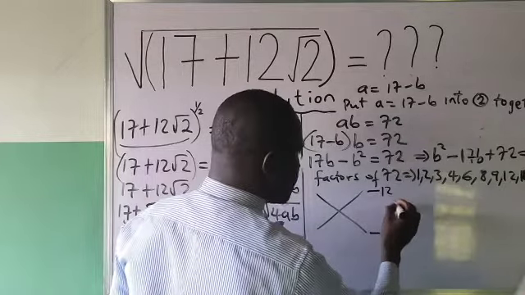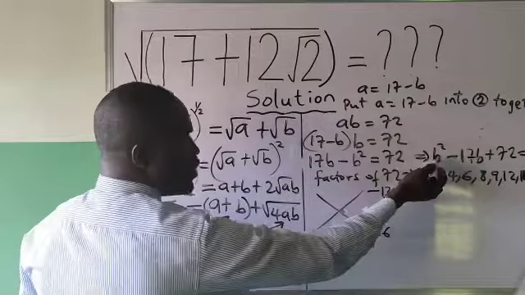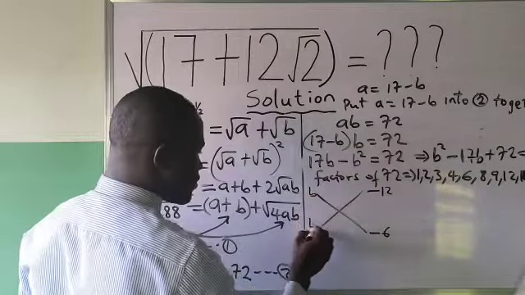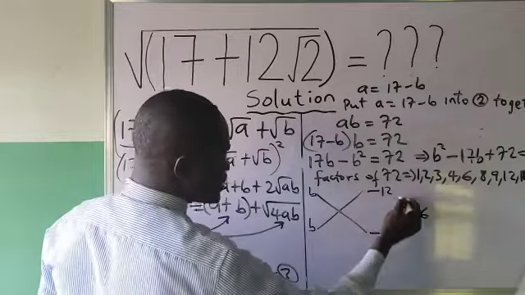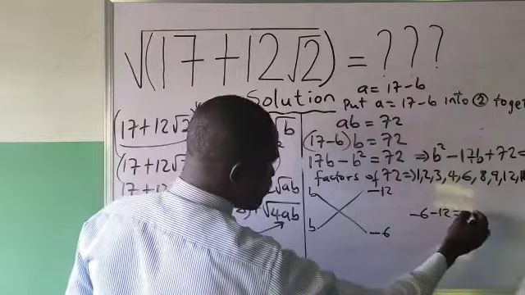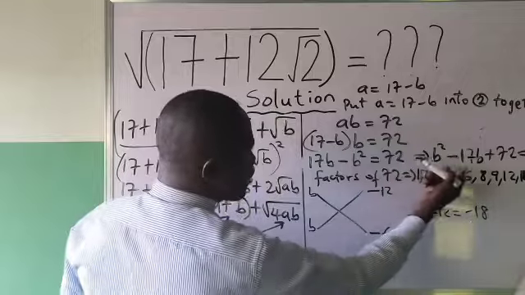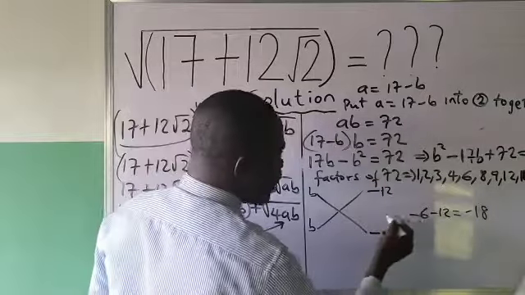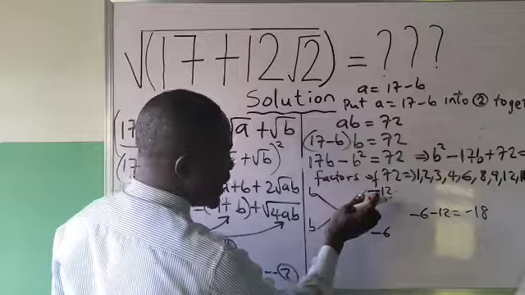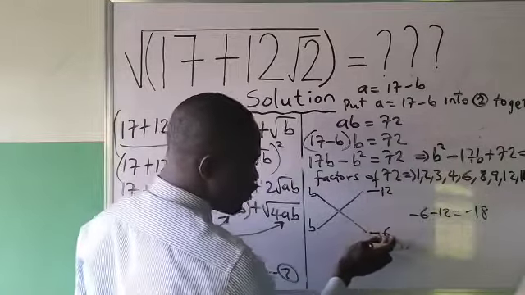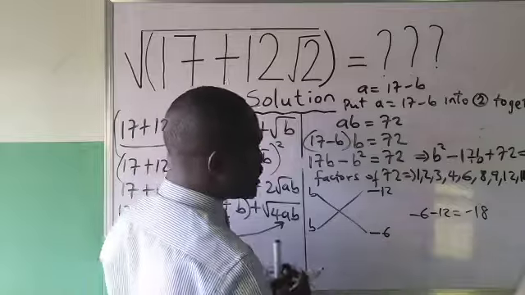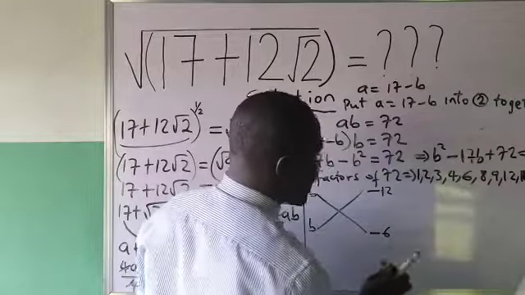If I put 12 here and 6 here, B squared means BB. B times 6 will give me minus 6B, B times 12 will give me minus 12B. What will it give me? Minus 18B, not minus 17B. So once I multiply and add, if you give me minus 17, it means this is okay. But you gave me minus 18, so I say no, it can't work.